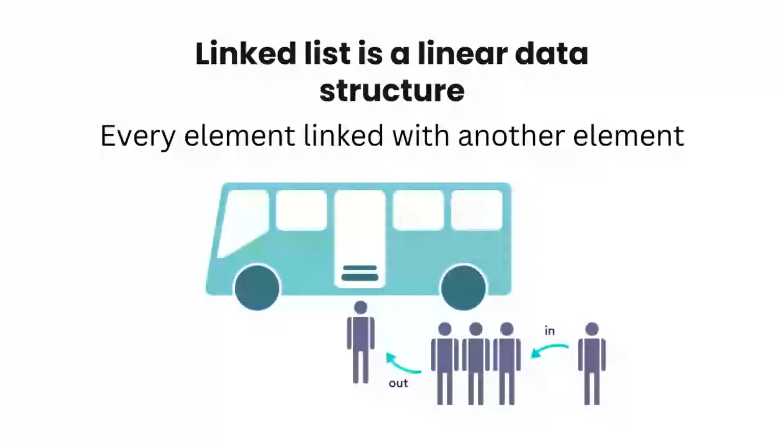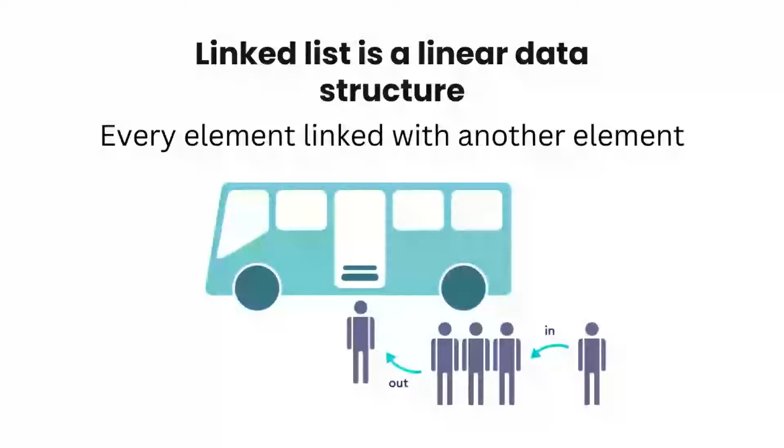Now in the diagram you are seeing a bunch of people standing in a row, trying to get into that bus. If you observe this closely, you will see that every single person in the row is dependent on the person next to him or sometimes the person behind him. If person A gets into the bus, then person B will get a chance to get into the bus.